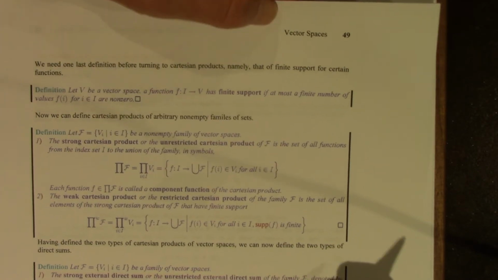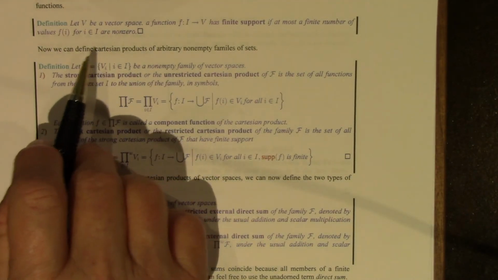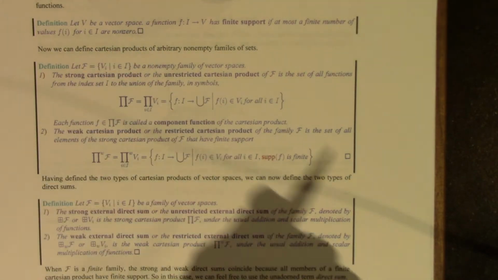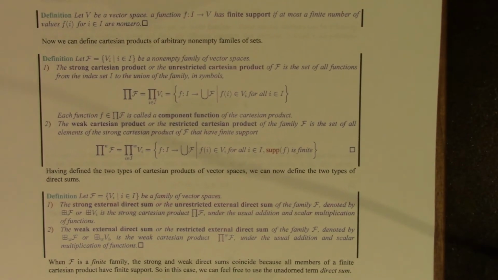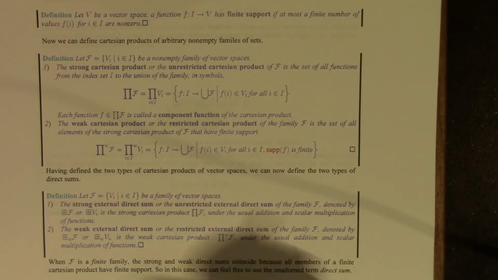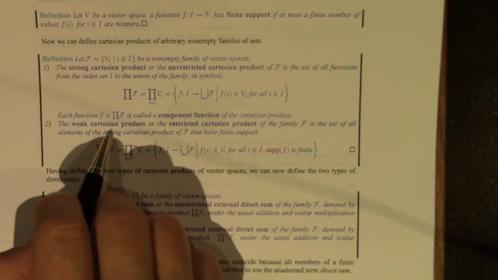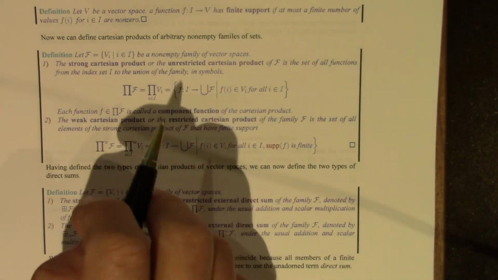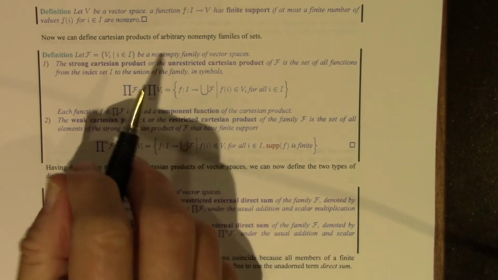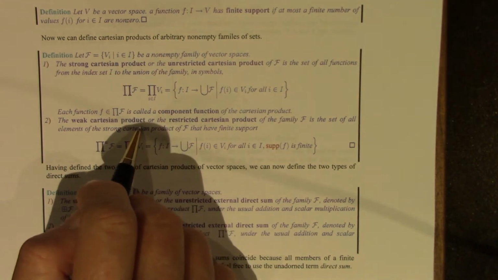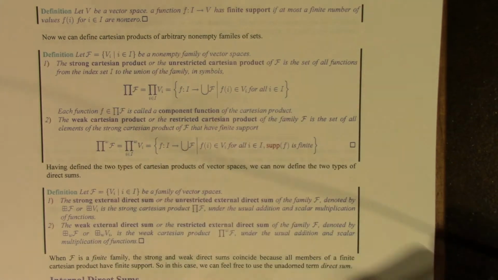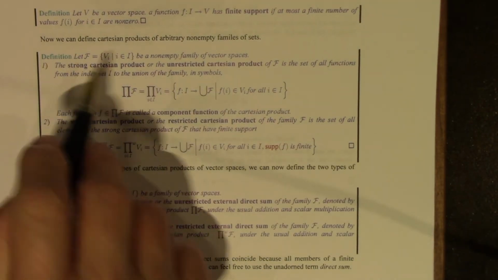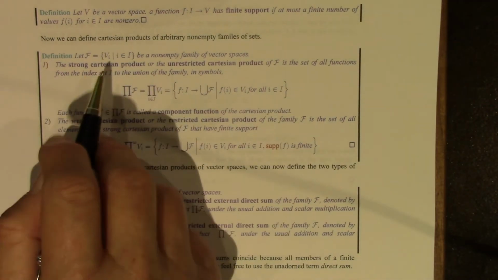Now we can define the Cartesian product of an arbitrary family of vector spaces. In fact, this applies to any sets. But for vector spaces, there are two types of Cartesian products. Only the first type applies to arbitrary sets, so I didn't include that specifically.